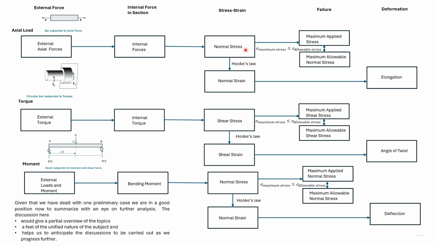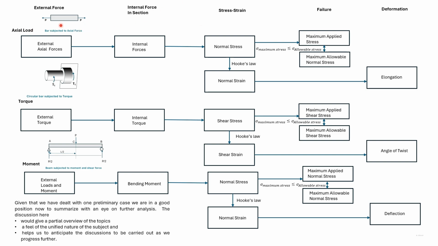Using Hooke's law, from normal stress, we can get normal strain. Writing Hooke's law as a force displacement relation, we can get elongation. Elongation is the deformation in the case of axial loads.